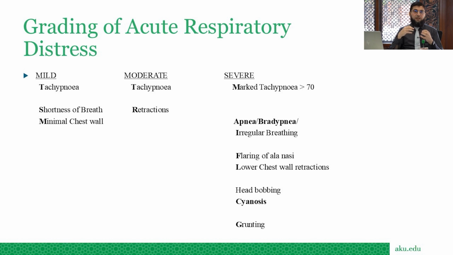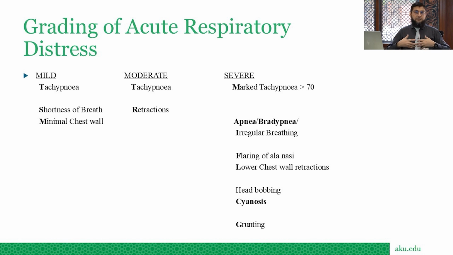That is, whenever the child has increased metabolic demand of oxygen, mainly related to sepsis or any other condition that leads to increased metabolic demand and increased oxygen requirement, or it is related to the lung disease itself, that the patient is not able to exchange the gas that has been inhaled because of lung disease, either due to collapse or due to lung tissue disease, the first sign you are going to see is an increase in the respiratory rate.